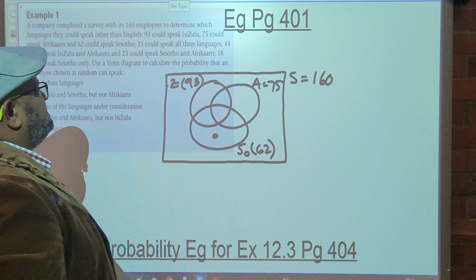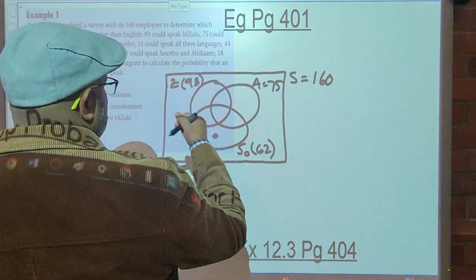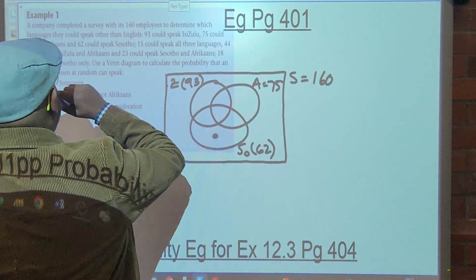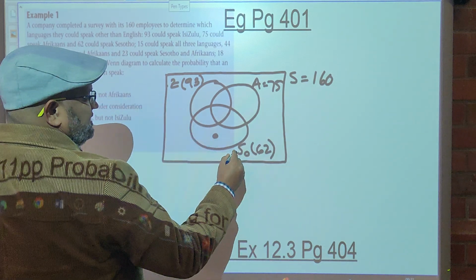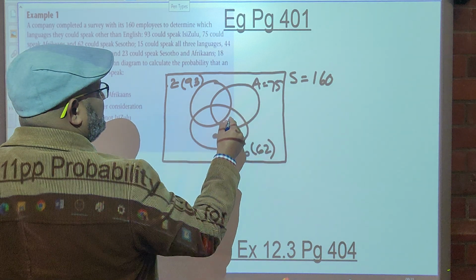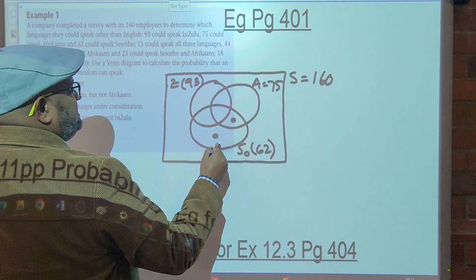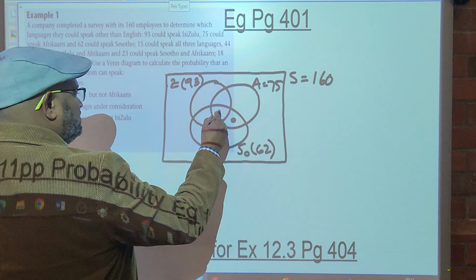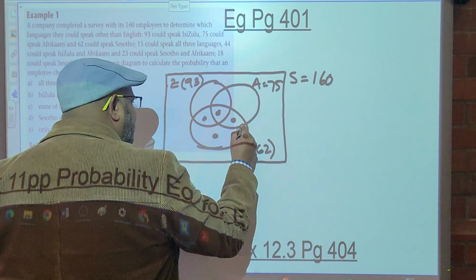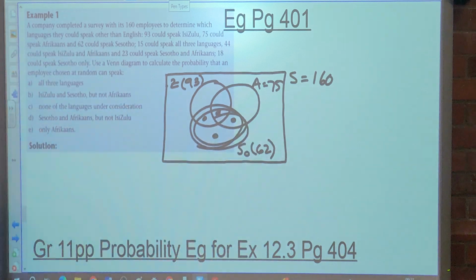So let's just call that Sesotho, SO. That means the people that speak Sesotho only, the people that speak Sesotho and Afrikaans only, the people that speak Sesotho, Afrikaans and Zulu, the people that speak Zulu and Sesotho only, all of that adds up to 62.